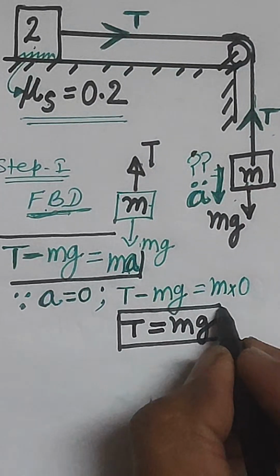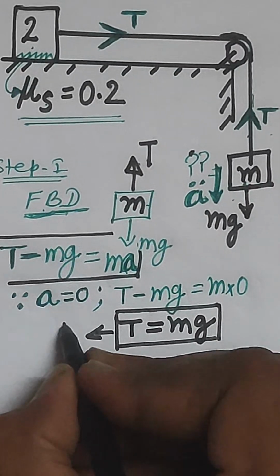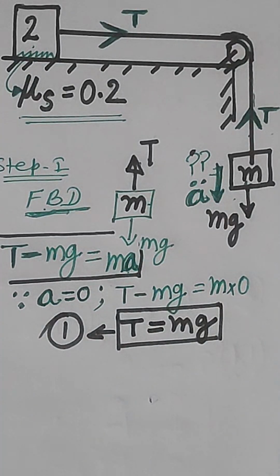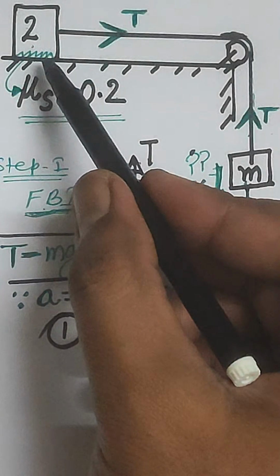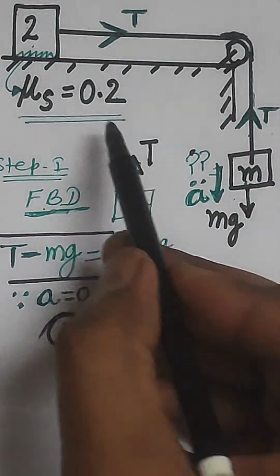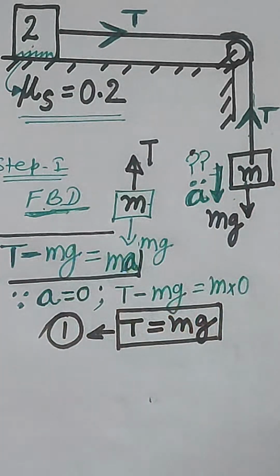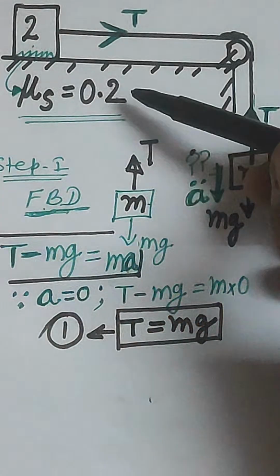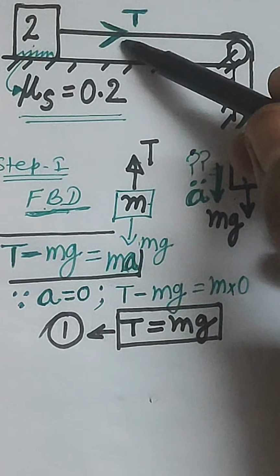This is one of the relations which you arrived at, right? Now after this, what is the free body diagram of the second mass? This one, you see, this is a static friction, and the friction force will always act opposite to the direction of movement, right?